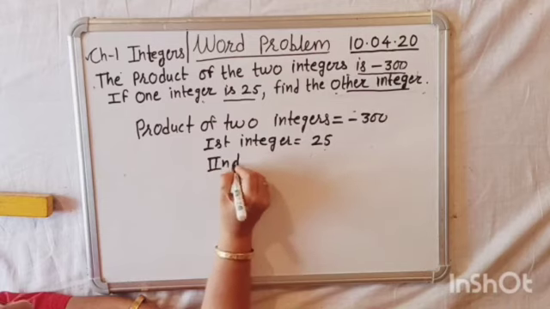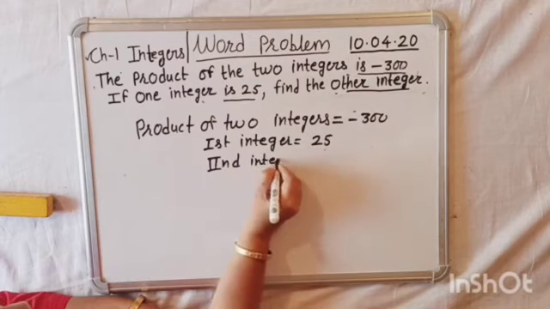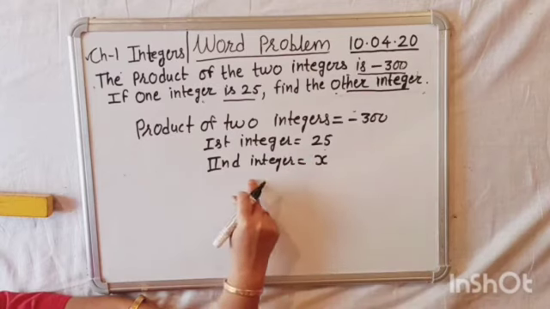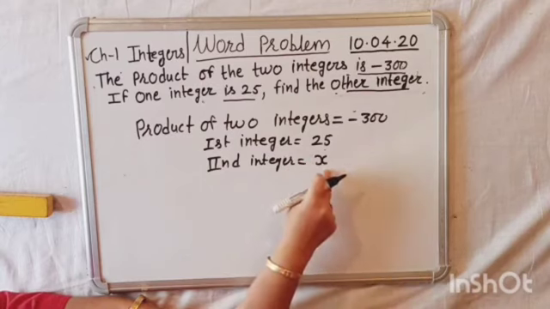So the second integer is x. Now you have to find the value of x.